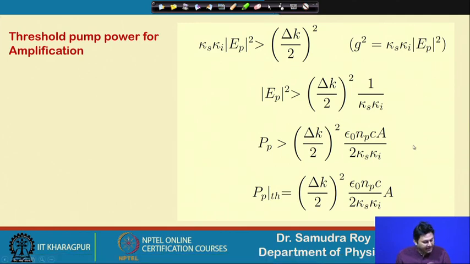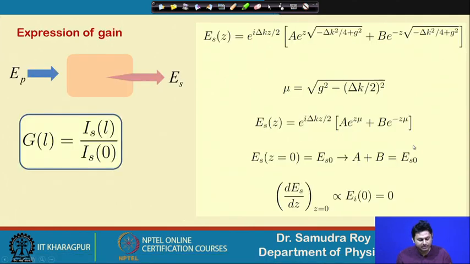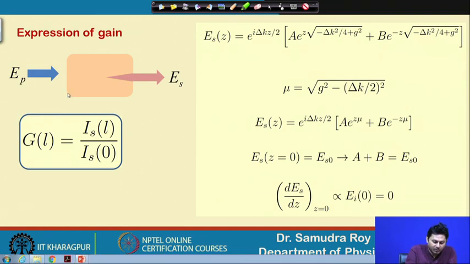Well, after having the expression of this pump, now we try to find out what should be the expression of the gain that we are talking about. So, we are launching some kind of EP and generating ES. The gain means whatever value we have at the initial point at z equal to 0 for the corresponding intensity or power, and this is z equal to L, that means it is amplifying.